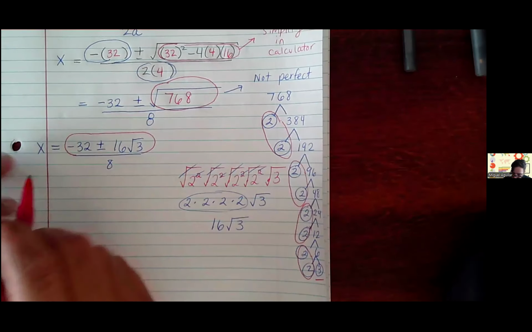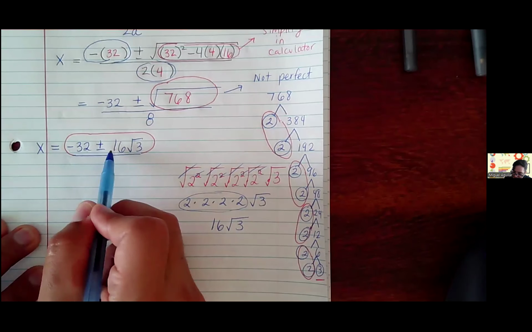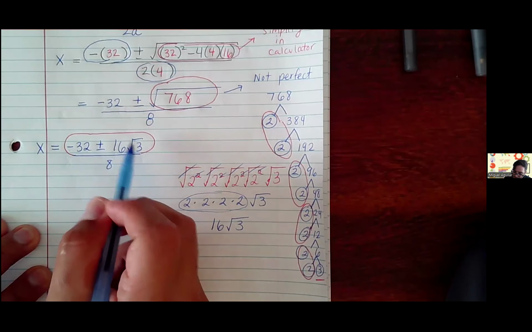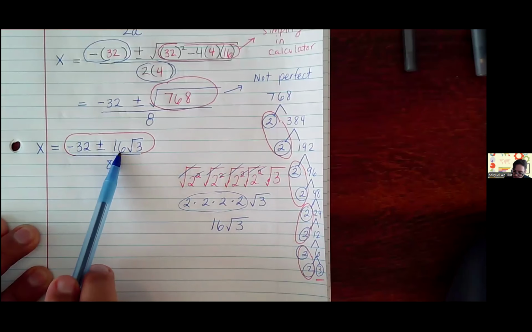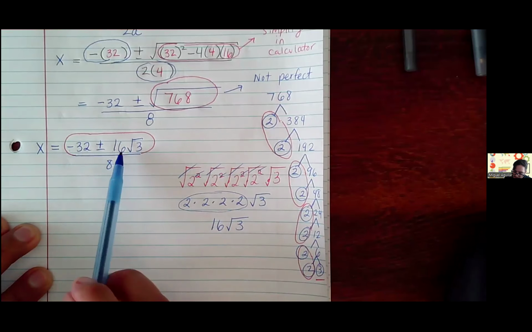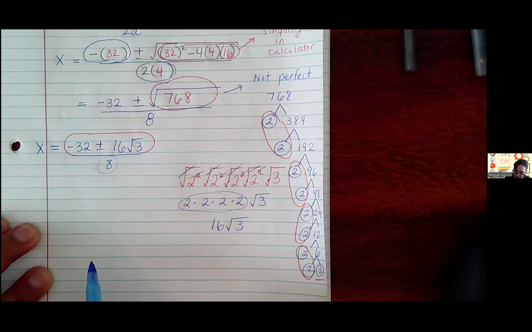So in that instance, if I notice that I have a negative 32 plus or minus a 16 root 3, think about the negative 32 and the 16. What number is the greatest common factor? What's the largest number that divides out of both of those? Or another way of thinking about it is, can I divide out an 8 from each of these?